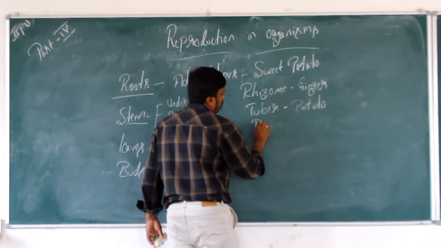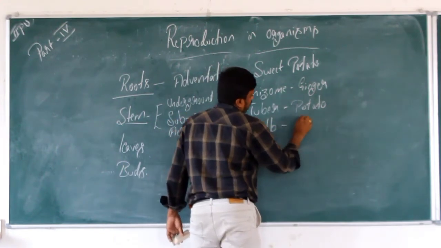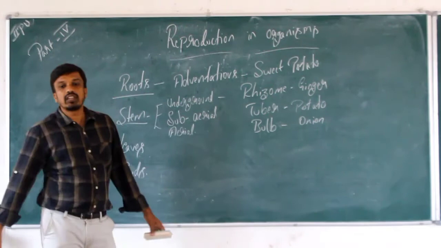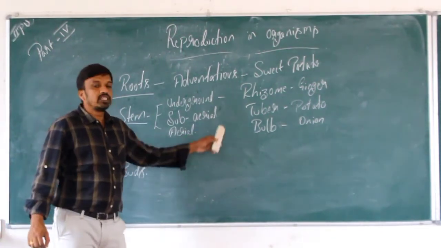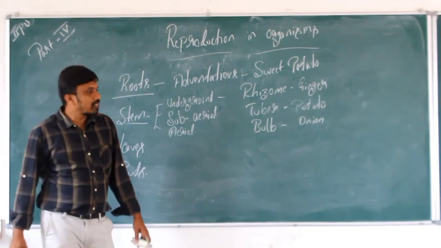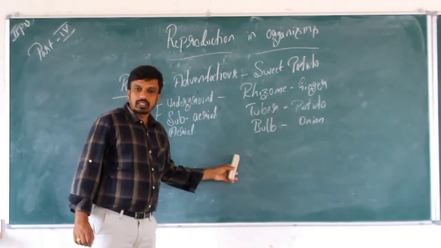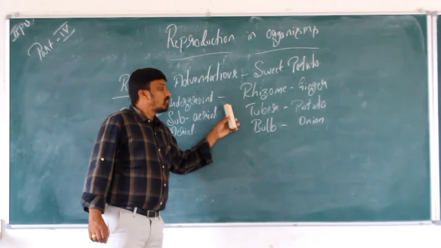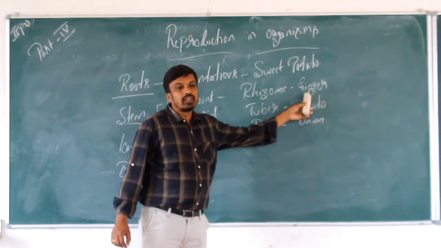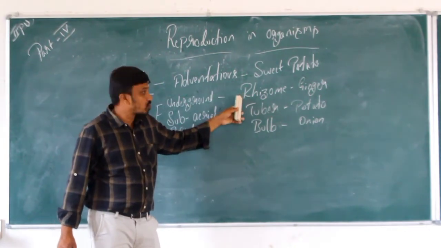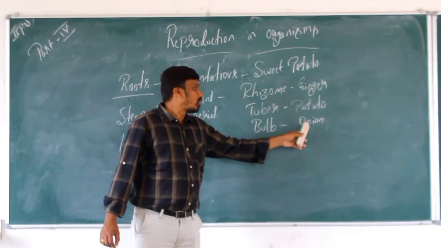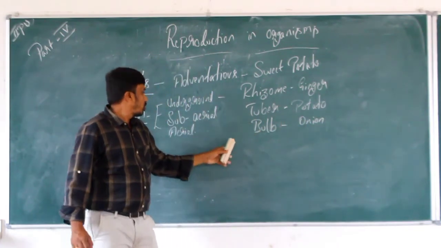And bulb, example onion. So in CET and NEET they ask match the following, and in the main exam they ask it for 2 marks. Mention the vegetative propagules of the following: ginger, vegetative propagation by rhizome; potato, by tuber; onion, by buds.